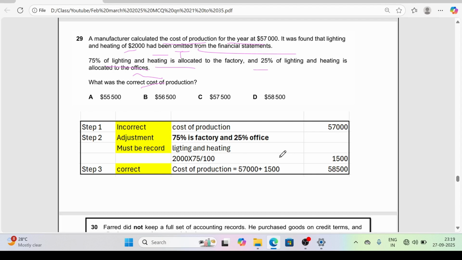So 1,500 we write under factory overhead. Then the remaining 25% goes to the income statement, because office-related things we will not record in the manufacturing account. So 75% only we have to take. 75% of light and heat is 1,500. Then we add 57,000 plus 1,500 because omitted, right? So the answer is 58,500, option D.